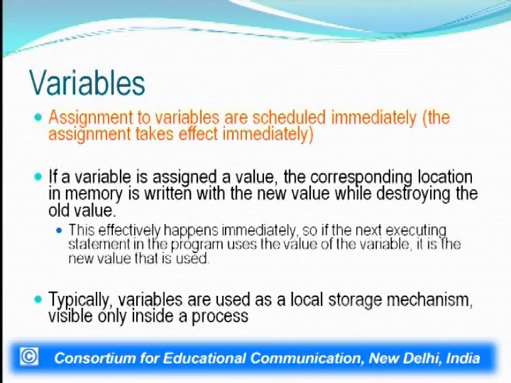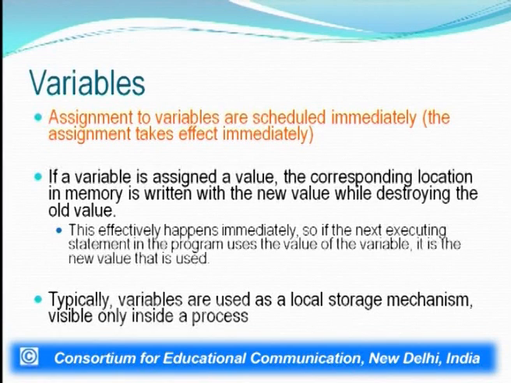And now variables. Assignments to variables are scheduled immediately. That means the assignment takes immediate effect, contrary to what happened in signals, wherein we waited for a particular delay, which is the delta delay. A variable takes the value instantly. So, if a variable is assigned a value, the corresponding location in the memory is written with the new value while destroying the old value. So, the old value that was assigned to that particular variable is overwritten by this new value.